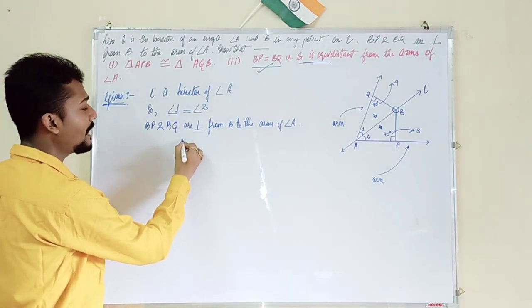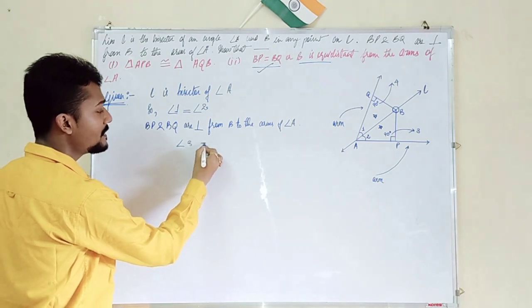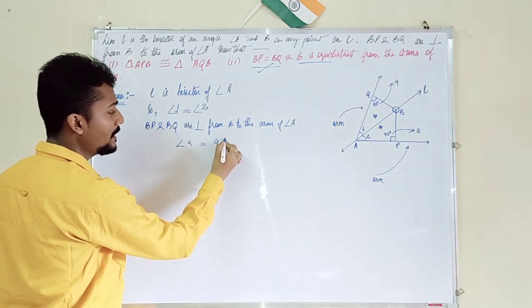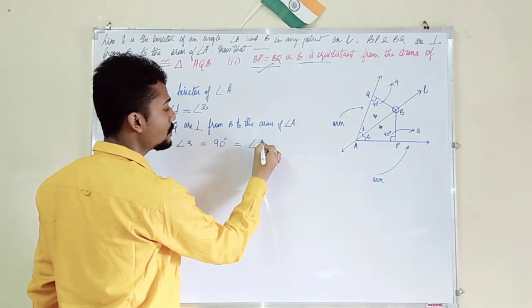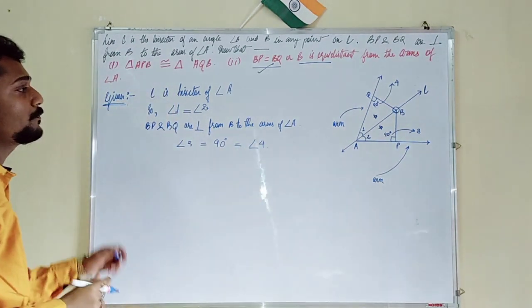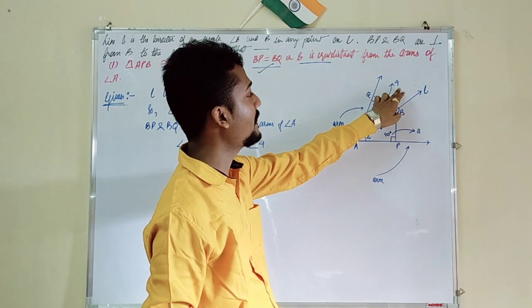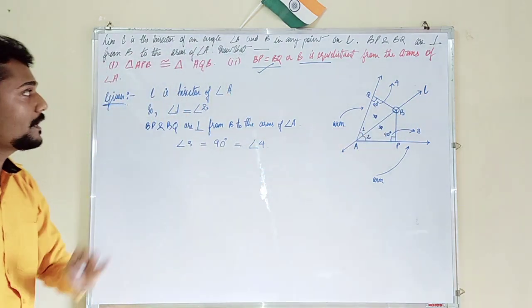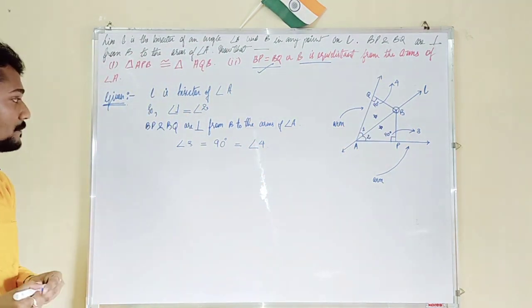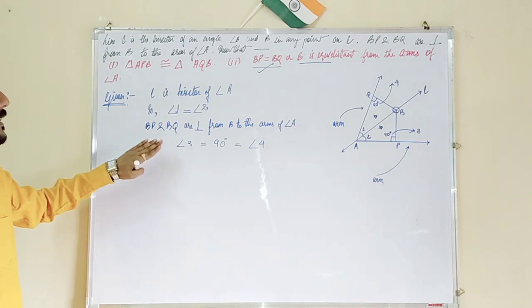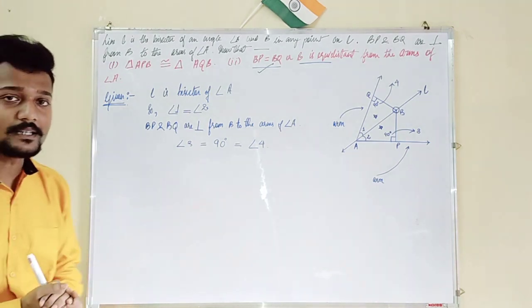I can write that angle 3 is equal to 90 degrees as well as angle 4. Angle 3 and angle 4 both are 90 degrees. Why? Because it is perpendicular. So if I write this much, our given part is over.